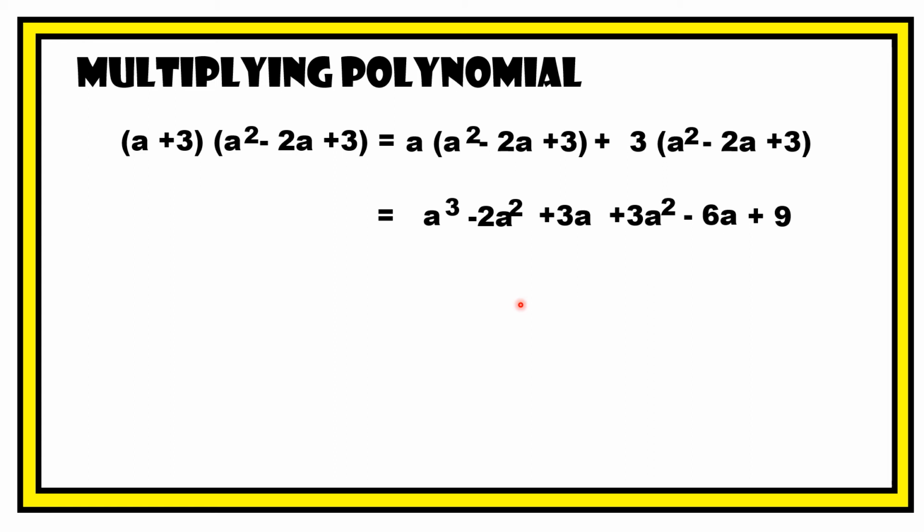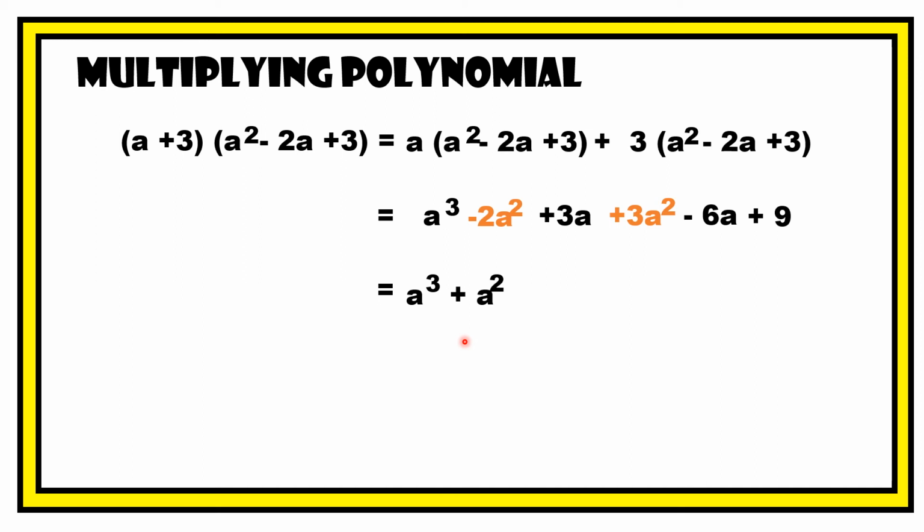Next, combine natin yung similar terms. So, ang a cubed, so since wala siyang ka-similar terms or kapareho, so sulat na lang natin a cubed. Then we have negative a squared. So, similar siya kay positive 3a squared. So, add natin yung dalawa.